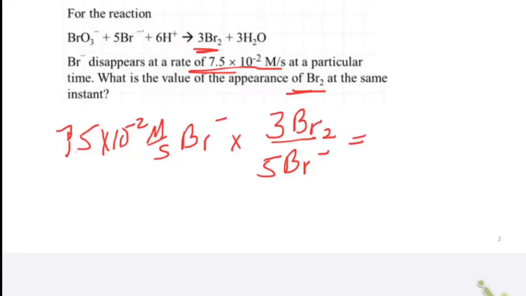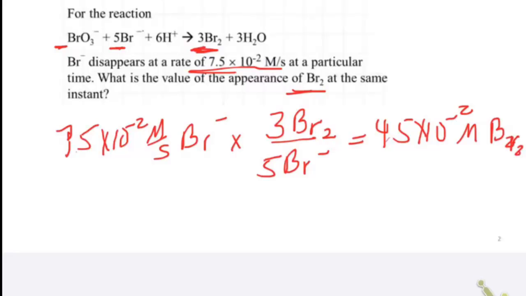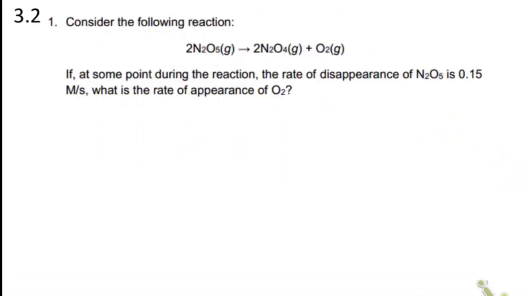I'm going to get them from the balanced equation. 5 of these, and I get 3 of these. And if I multiply that out, I'm simply going to get 4.5 times 10 to the minus 2 molar of bromine per second. Alright, let's take a look at the two problems at the end.